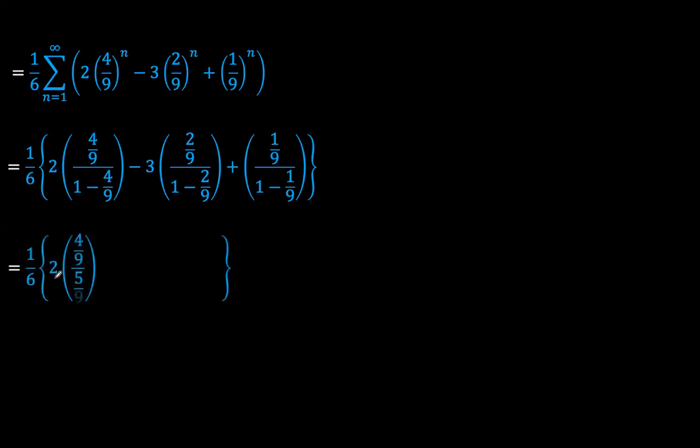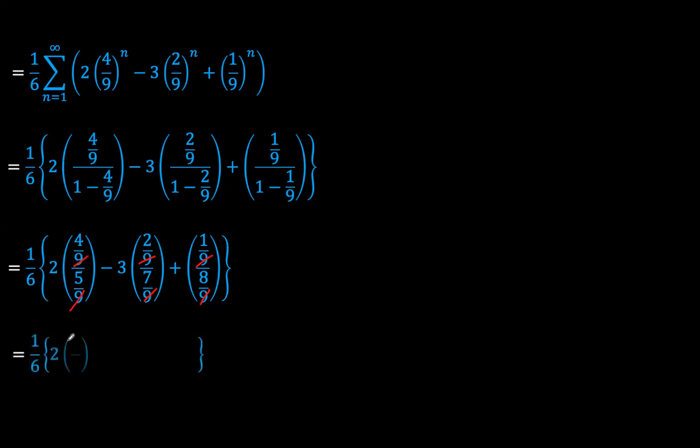So 1 over 6 times 2 times 4 over 9. 1 minus 4 over 9 is 5 over 9, minus here 3, 2 over 9 over 1 minus 2 over 9 is 7 over 9, plus 1 over 9 over 1 minus 1 over 9 is 8 over 9. So essentially these guys would cancel, these guys would cancel, these guys would cancel, and these guys would cancel. And so we're left with now 1 over 6 times, in bracket, 2 times 4 over 5 minus 3 times 2 over 7 plus 1 over 8.